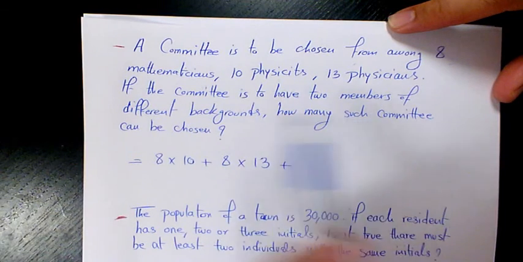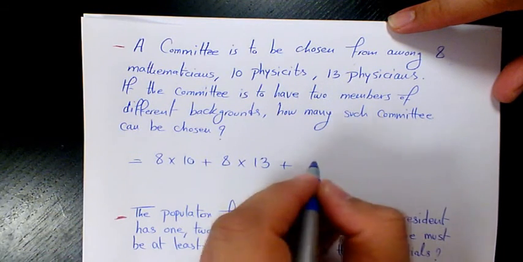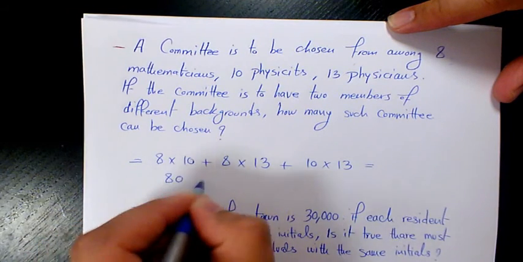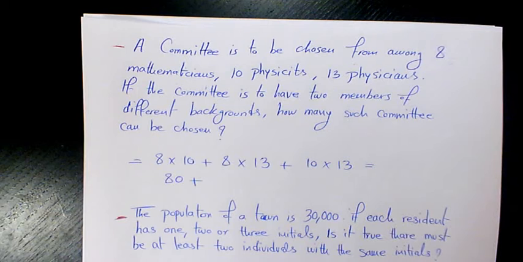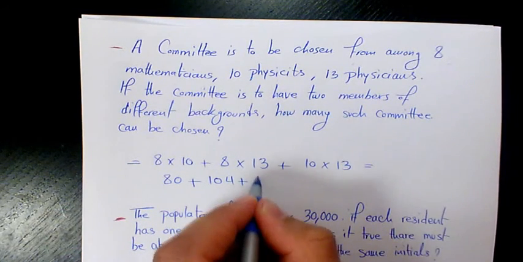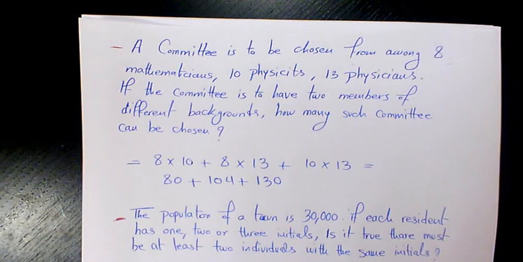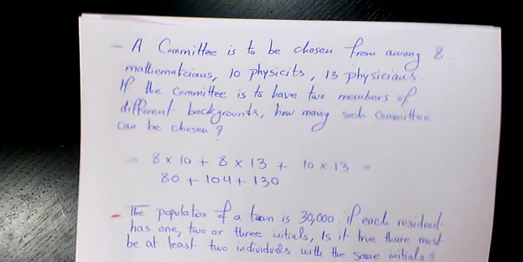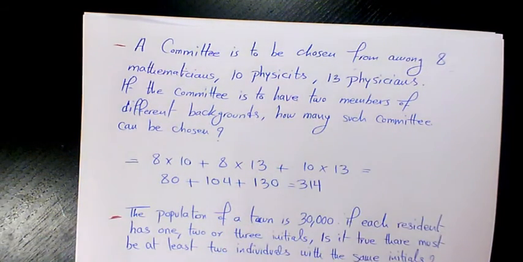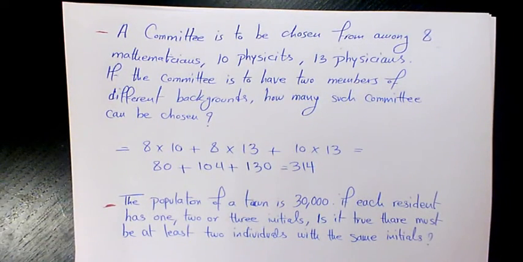And if we have one physicist and one physician, we have 10 times 13. So it's going to be 80, plus 8 times 13 which is 104, and 10 times 13 which is 130. So 80 plus 104 plus 130 is going to be 314 different ways.